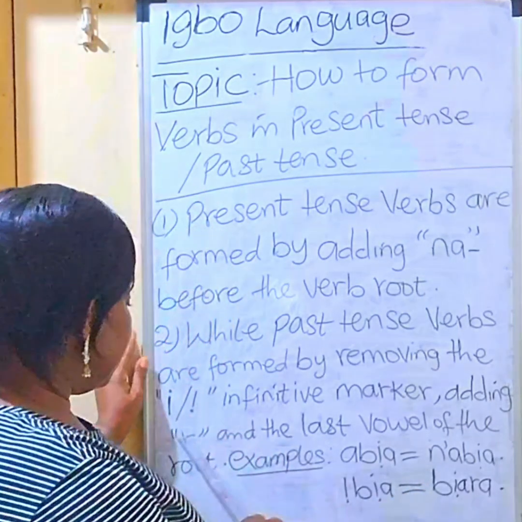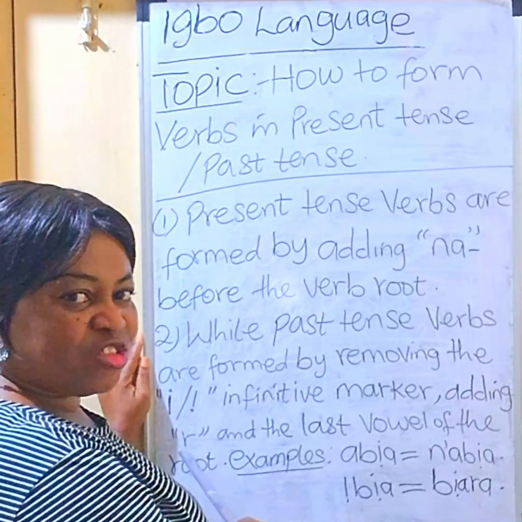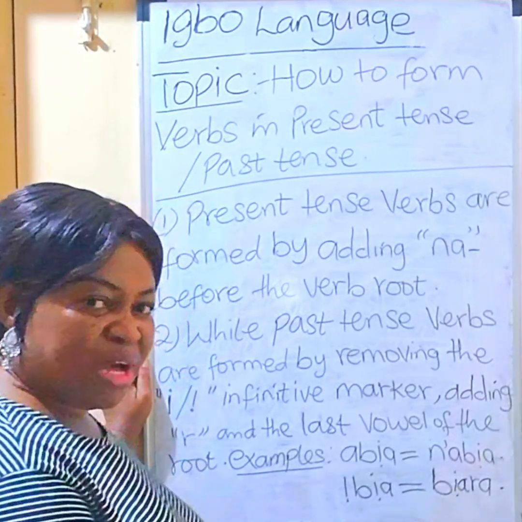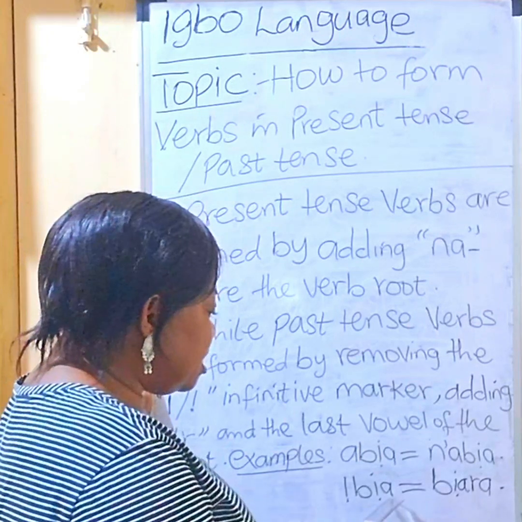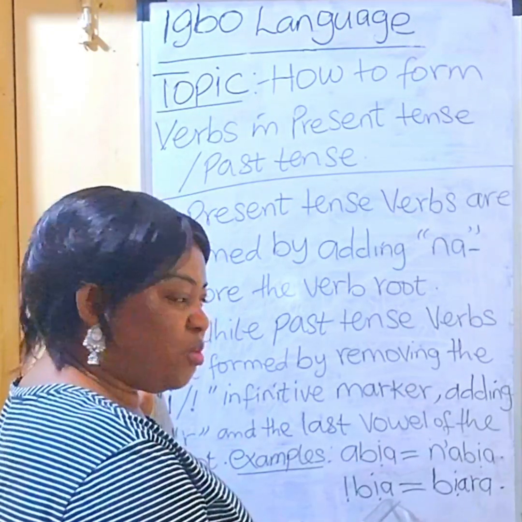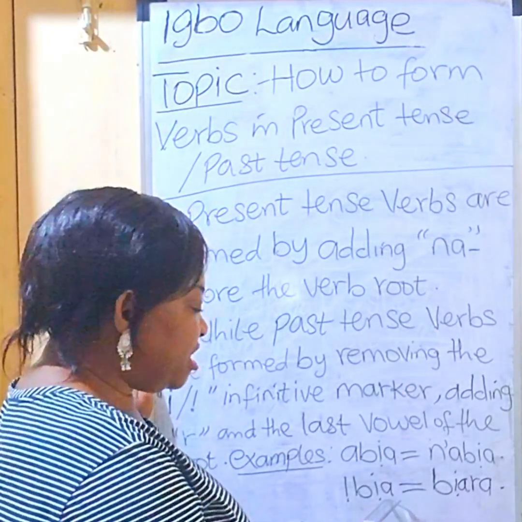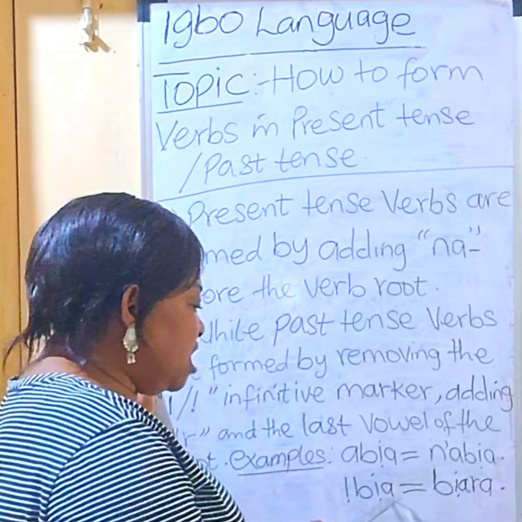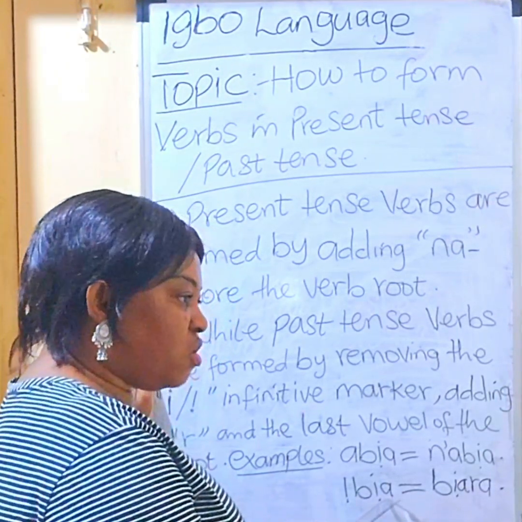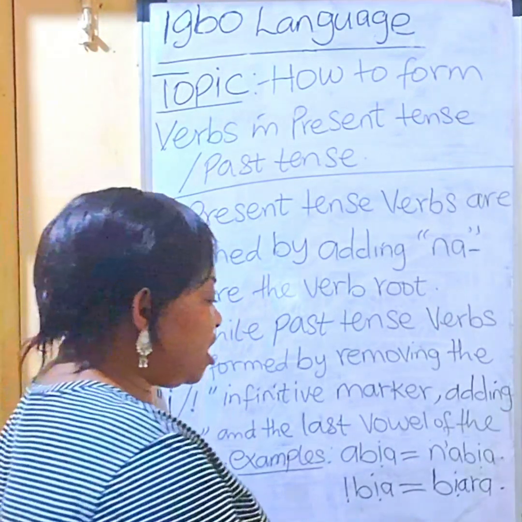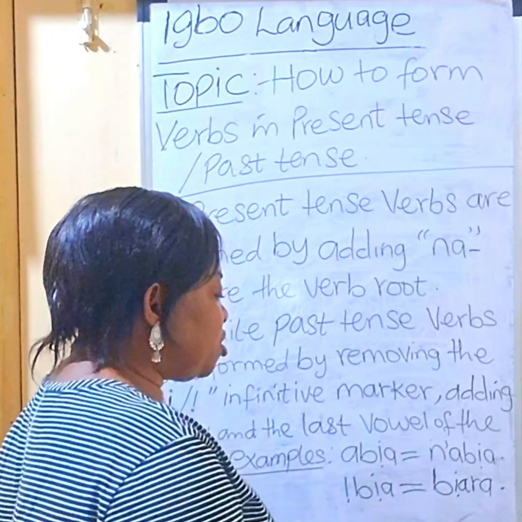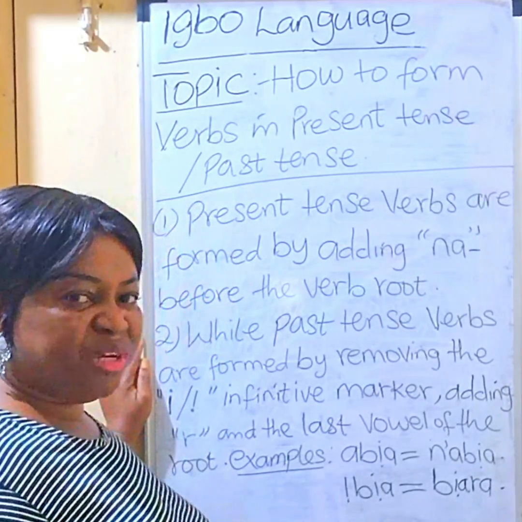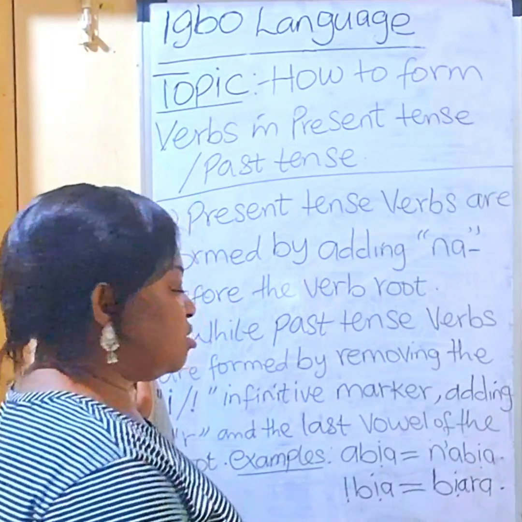Then you come and take the re that shows in past tense. You put it here. Then you come back again and collect this last vowel letter here at this bia, that is a. You put it here, it becomes biara. If it is a or o or e, you take it and write here after this re, depending on the vowel that is here.